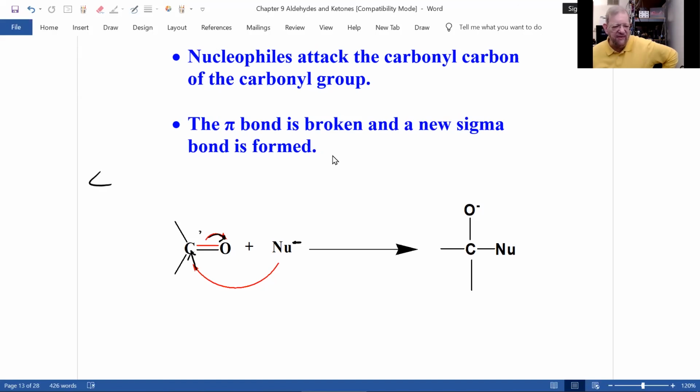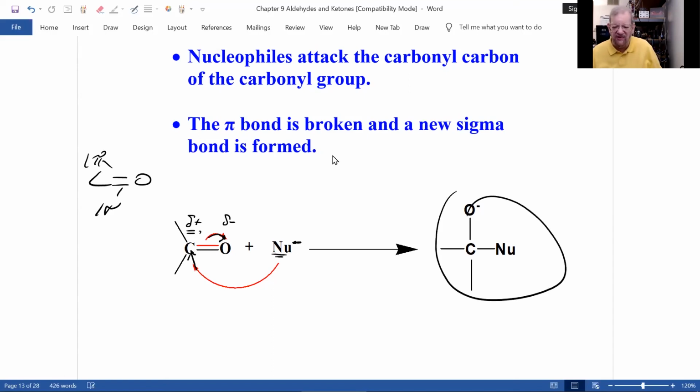And remember, this is a pi bond and a sigma bond. Now, it's not the same as a carbon-carbon double bond, because both carbons are the same electronegativity. But here, remember, this is slightly positive and this is slightly negative, and this attracts nucleophiles. And you get something like this, where you formed a new bond and you've broken the pi bond.